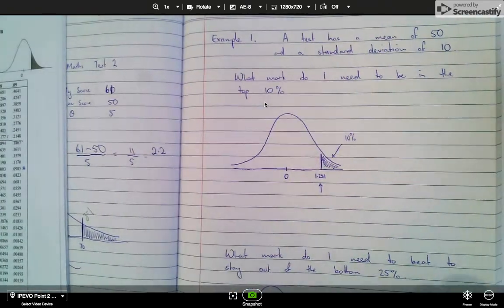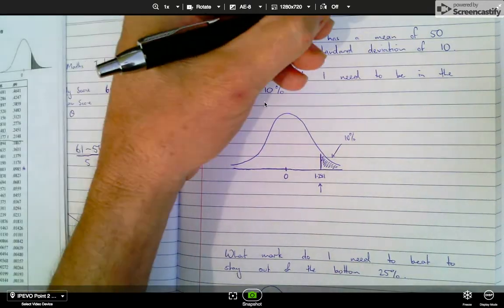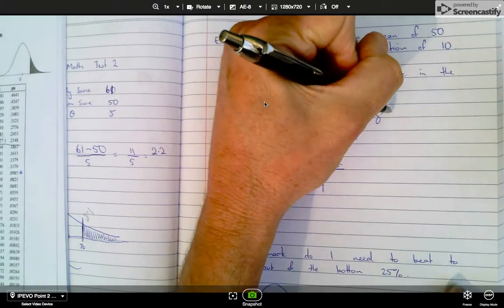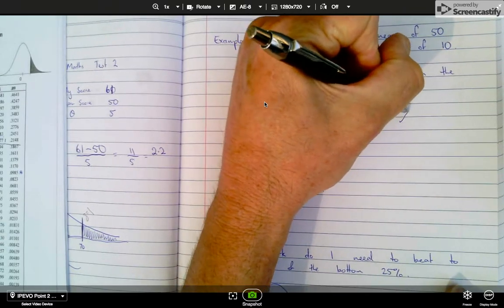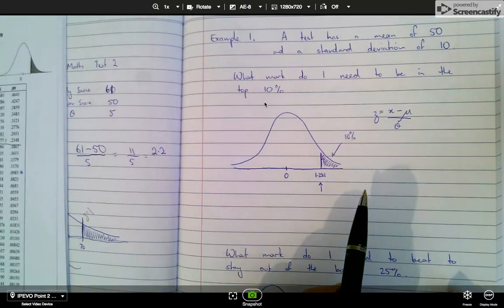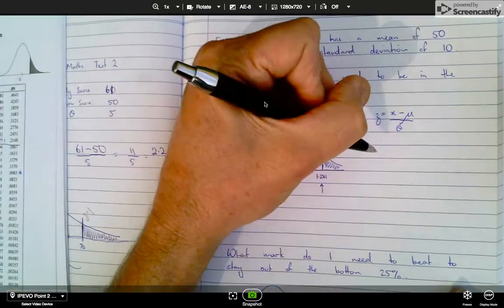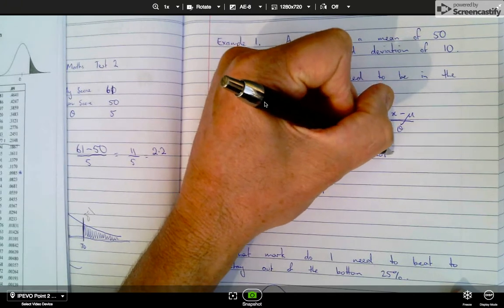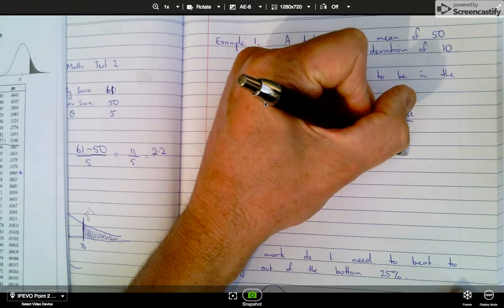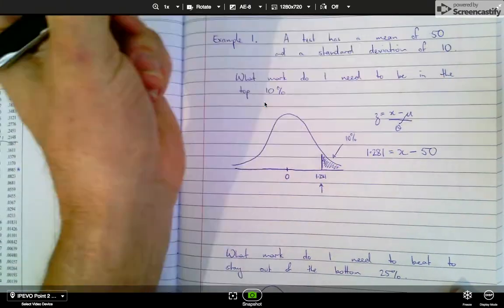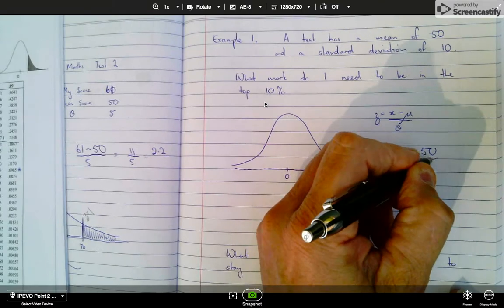So how do we find our mark? Well, we use the same formula. We know that the Z score equals my mark minus the mean divided by the standard deviation. So what does that tell us? That 1.281, which is the Z score, equals my mark minus the mean of 50, all divided by 10.